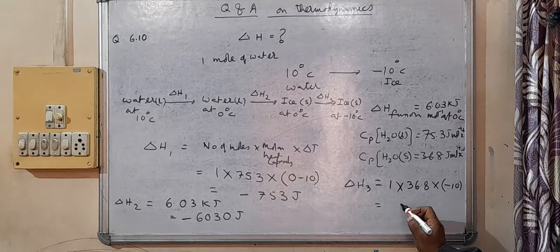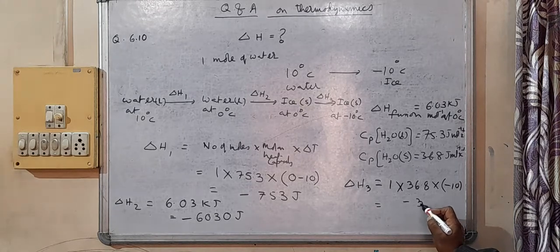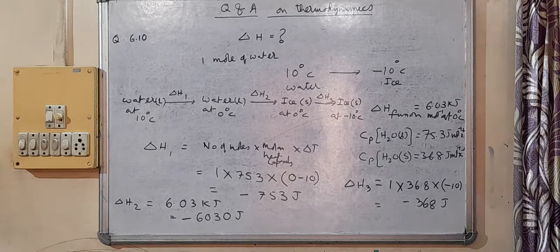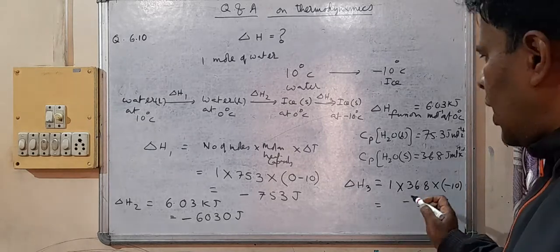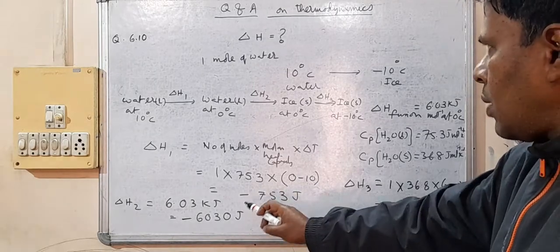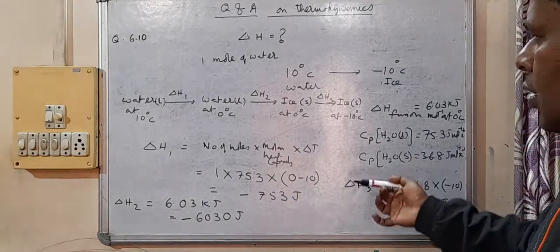So it will be minus 368 joules. So we have found delta H1, delta H2 and delta H3. The final answer will be the sum of all these.